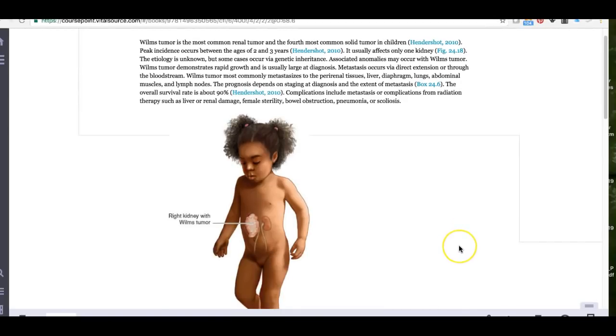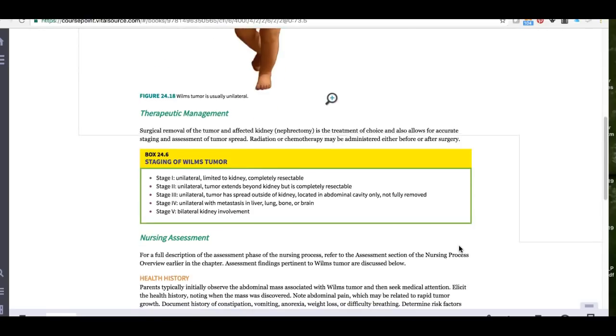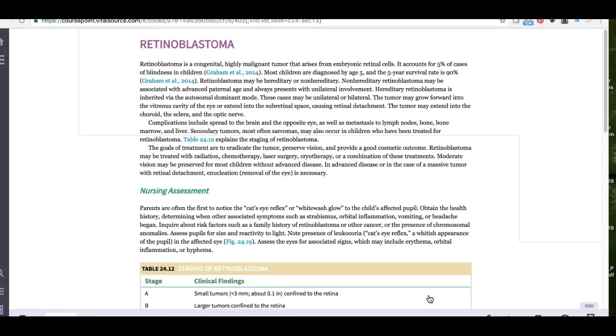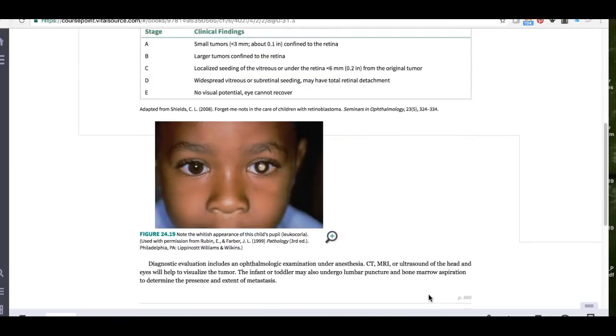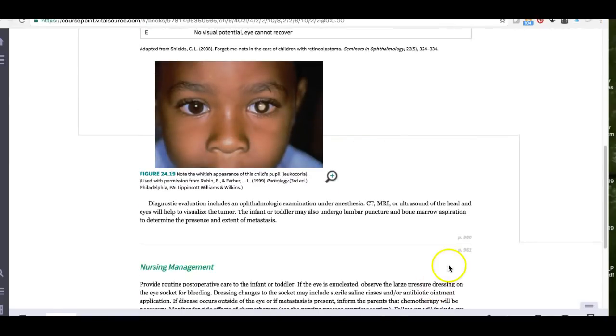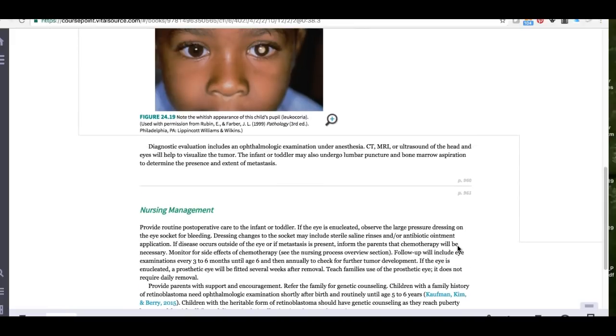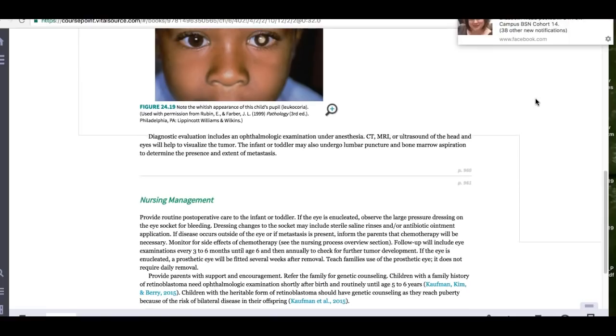But the one thing that I want you to know about a Wilms tumor: never palpate a Wilms tumor. Retinoblastoma is, again, cancer of the eye, the tissue of the eye, and you see the white reflex, not the red reflex. I've seen one of those actually.